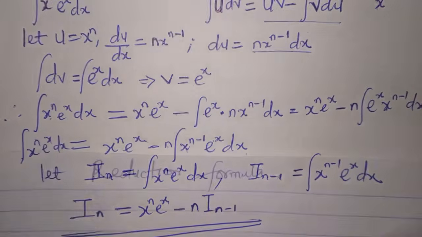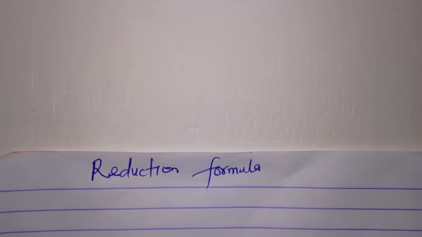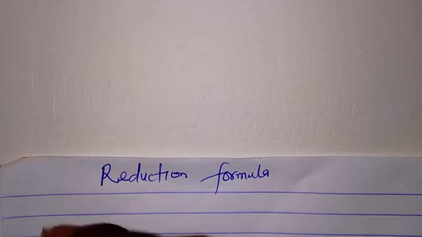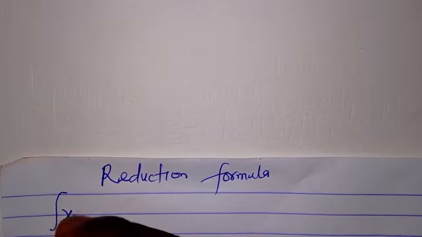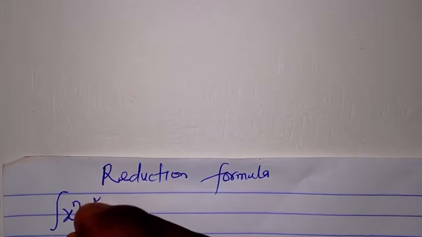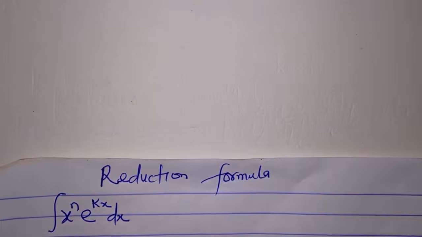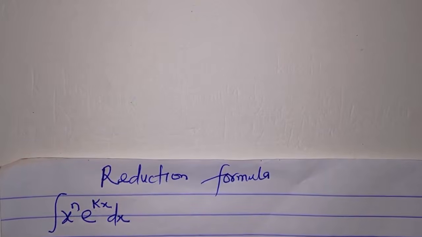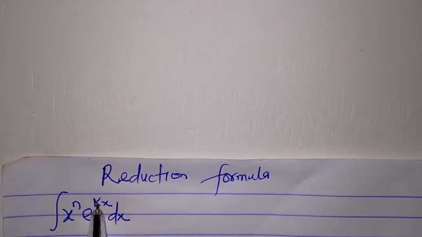Now, what if we are to determine a reduction formula for the integral of x to the n e to the power of kx dx? The one we determined just now does not contain k.